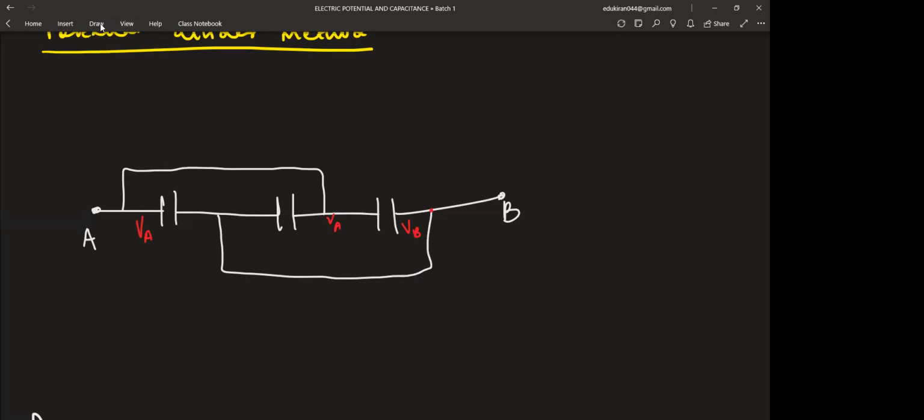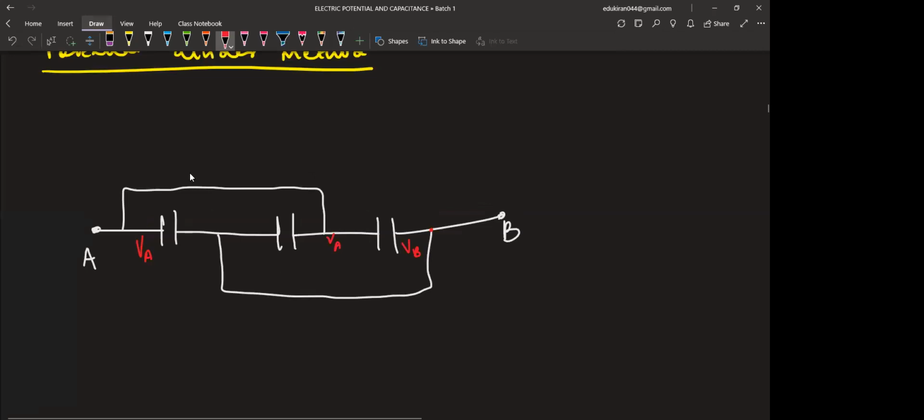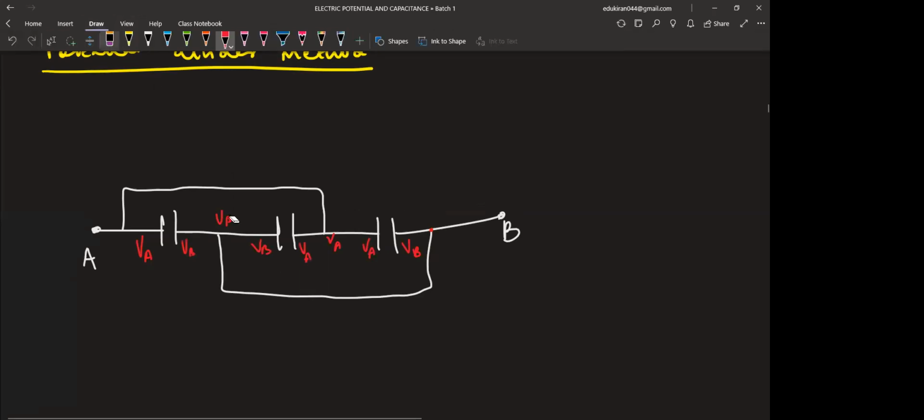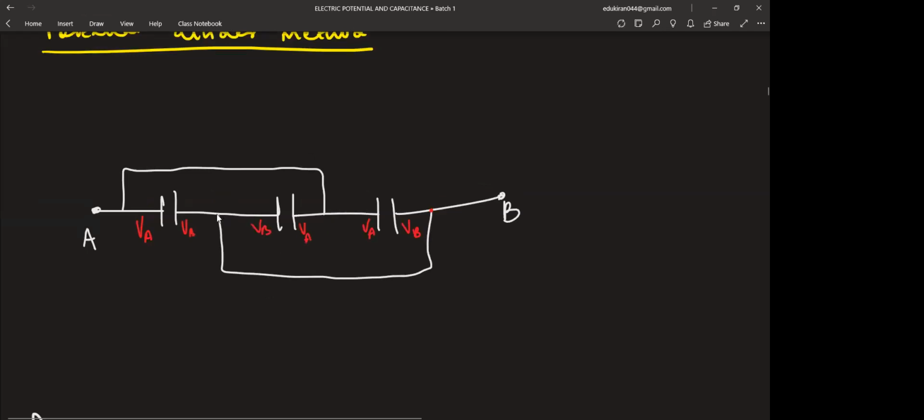Now look class, if this is VB, this will also be VB. If this is VA, this will be VA, the same wire. So I am erasing these VA and VB, so that you remember.